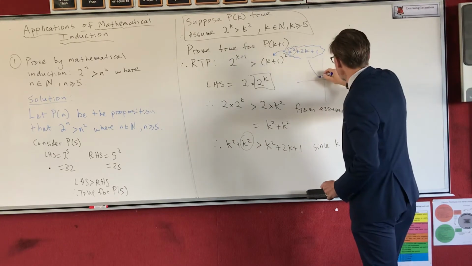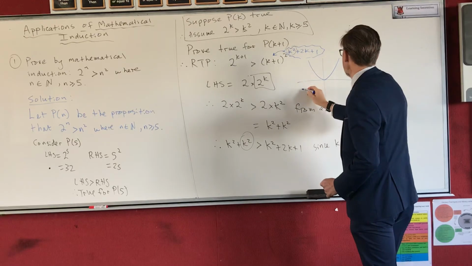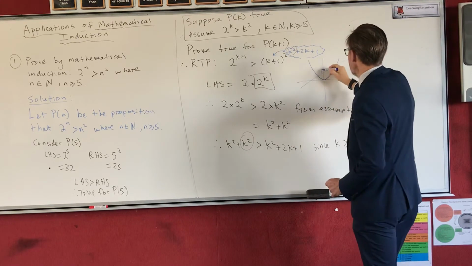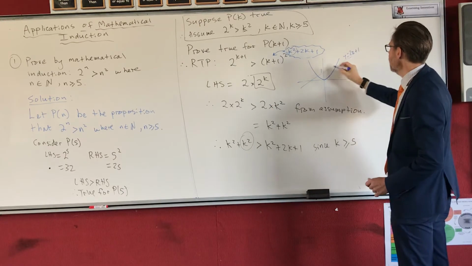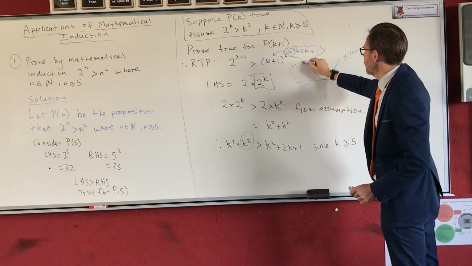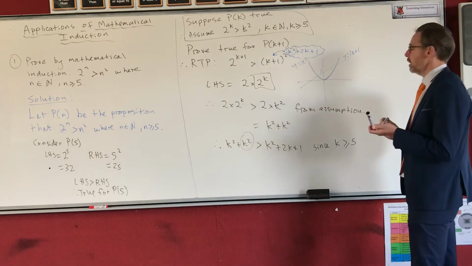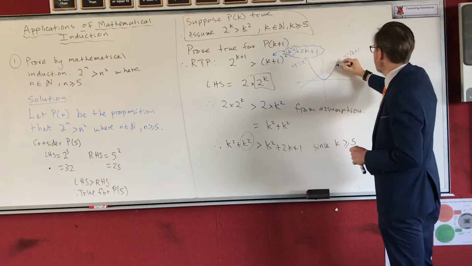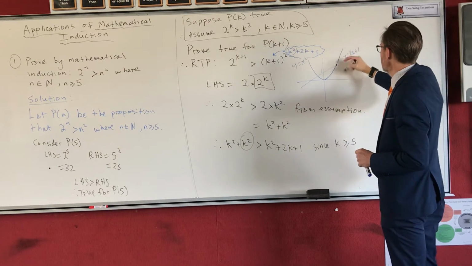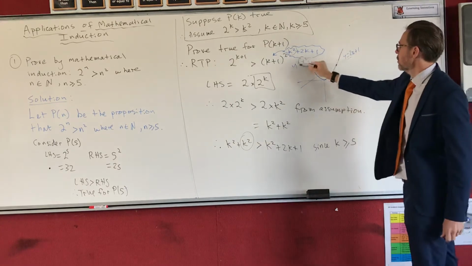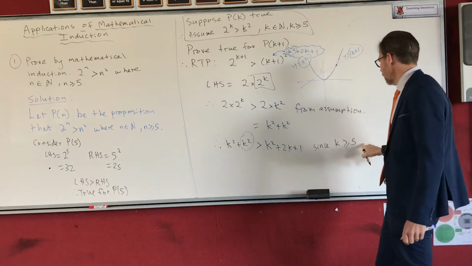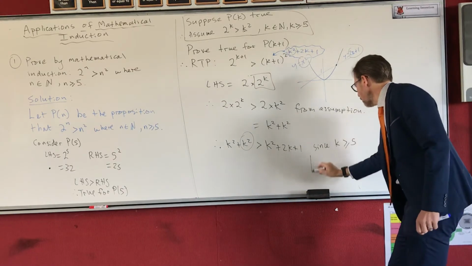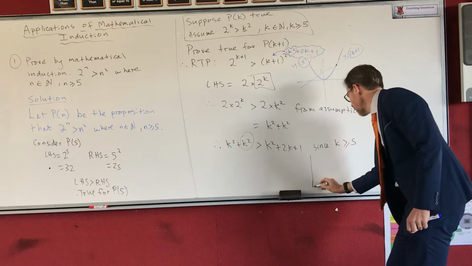So there's your parabola, and then here's your straight line, y equals 2x plus 1, and this is y equals x squared. So you can see here that above this value, the parabola x squared will be bigger than 2x plus 1.